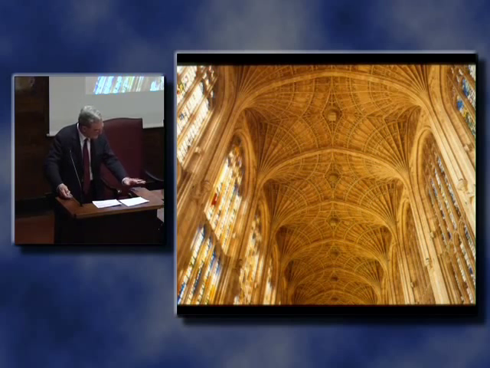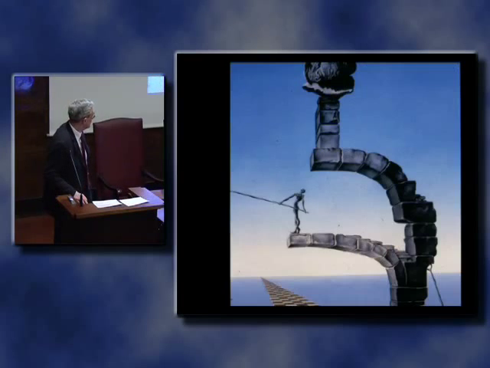Let's leave these complicated matters for a moment, this membrane, this two-dimensional analysis, and go to the one dimension. Let's go to the arch to see how that behaves. This is a picture by Salvador Dali.